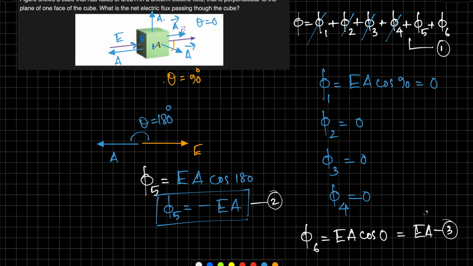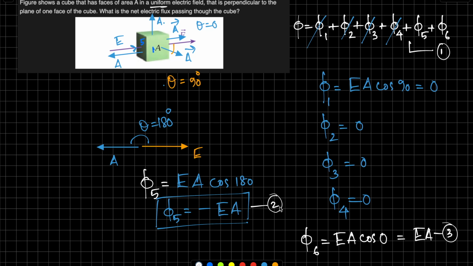For a cube, the lengths of the sides are equal for all the faces, so you'll get the same area for all the faces as well. Electric field is also the same, since it's placed in a uniform electric field. So let's substitute equation number 2 and equation number 3 in equation number 1. We don't have phi 1, phi 2, phi 3 and phi 4.